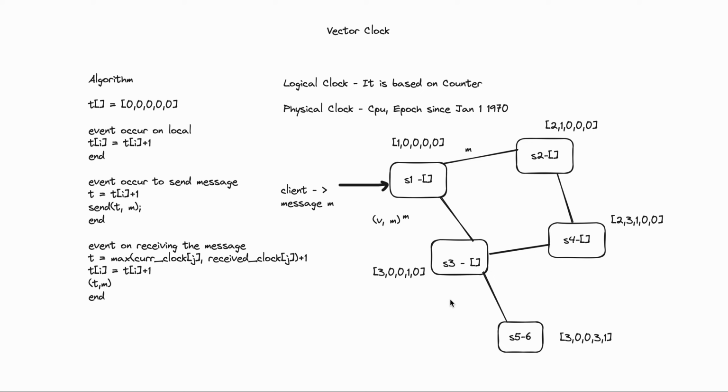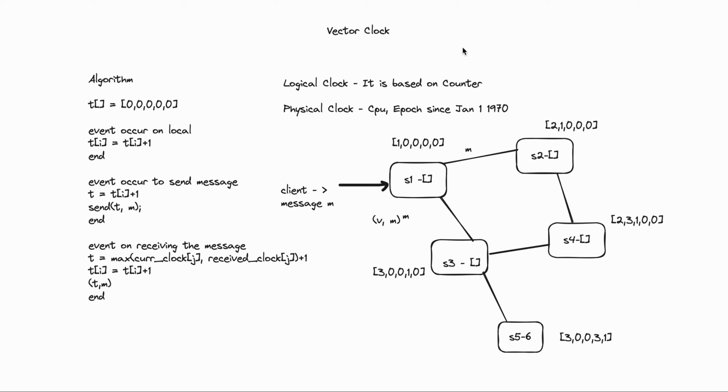So this is how causality and concurrent updates are maintained using a vector clock in distributed systems, whether it is a database or a cache. This is a simple example of the Lamport clock and vector clock, and what each can do.